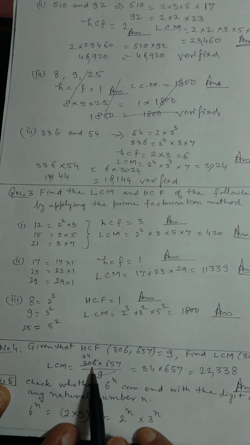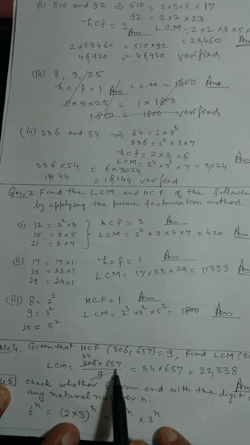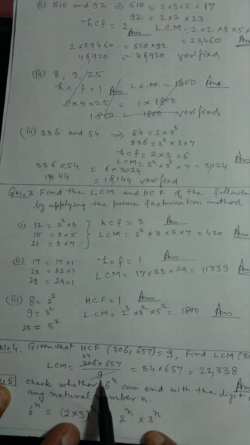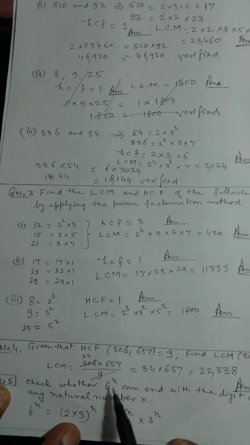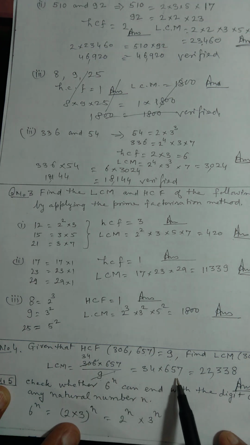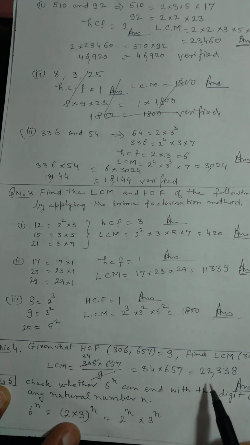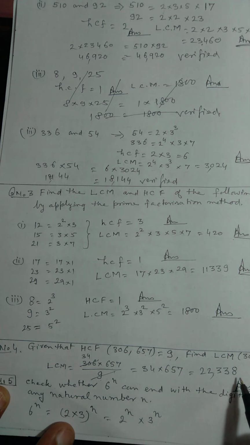So 306 into 657 divided by the HCF, that is 9. I have just cancelled it, it will come to 34, so 34 multiplied by 657 will be equal to 22,338.